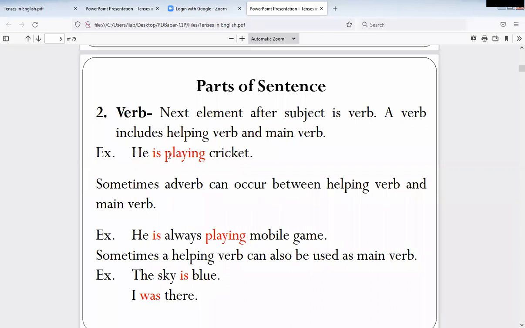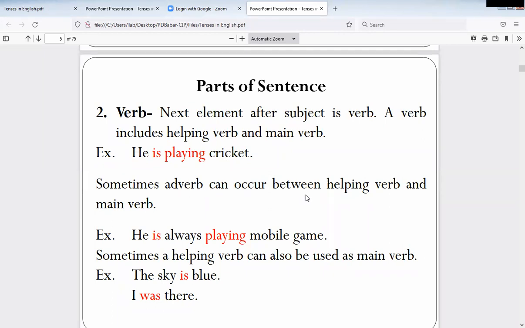In total is playing is the verb, made up of is plus playing. He is playing cricket. This is the auxiliary verb of the to be form. Am, is, are, was, were come under the to be form.